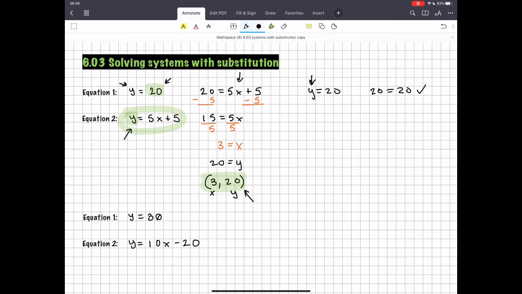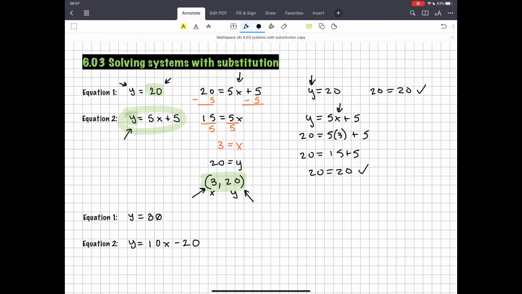In equation 2, y equals 5x plus 5, I replace this x with 3, and I replace the y with 20, and I end up with 20 equals 15 plus 5, 20 equals 20.